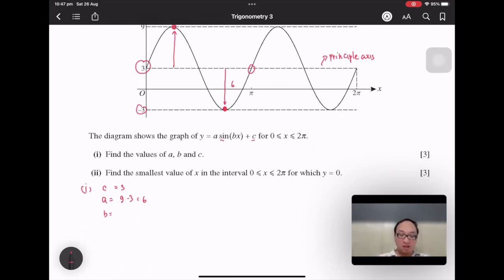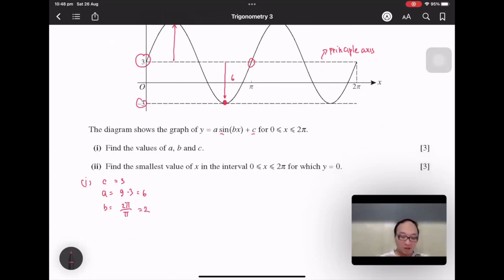So that means b is 2 pi divided by pi equals 2. So the function is y equals 6 sine 2x plus 3.